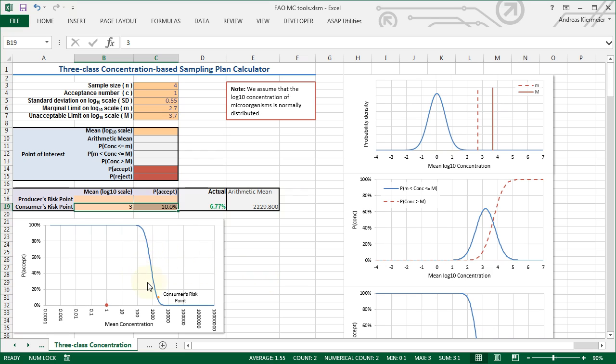However, you may also want to have a look at the OC curve at lower mean concentrations, and in fact it may be appropriate to specify a producer's risk point.